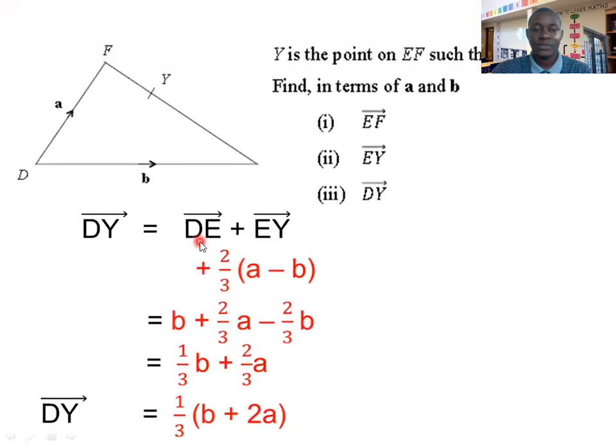The vector DY is the vector that runs from the point D down to Y. The vector whose start point is D, and the end point is Y. I'm going to do that again.